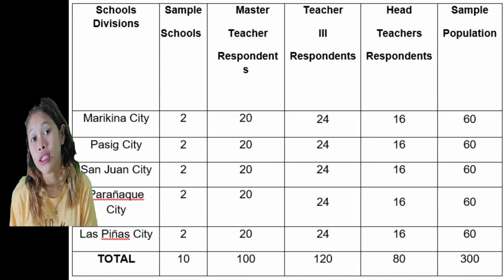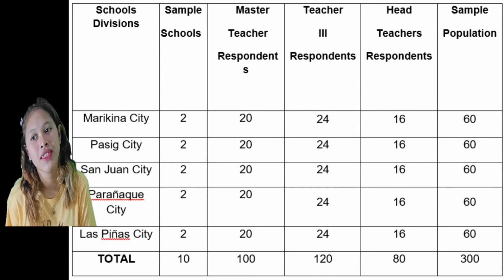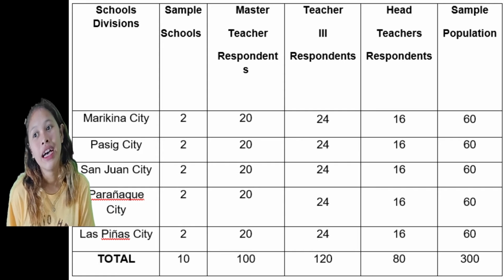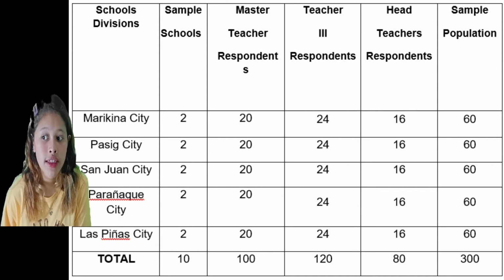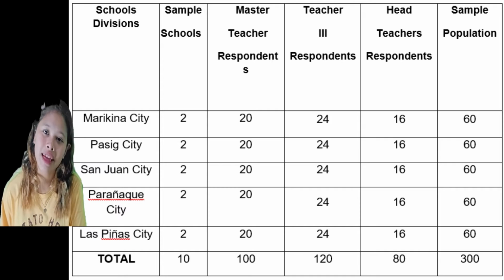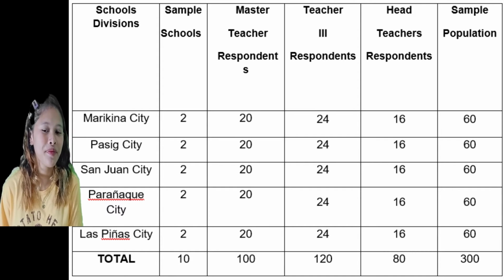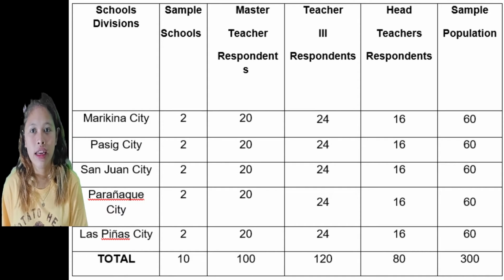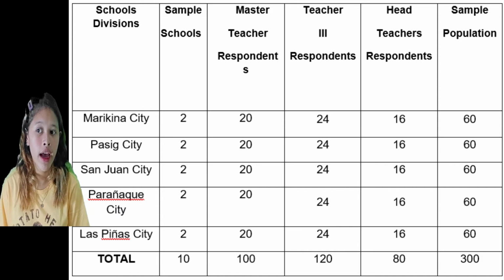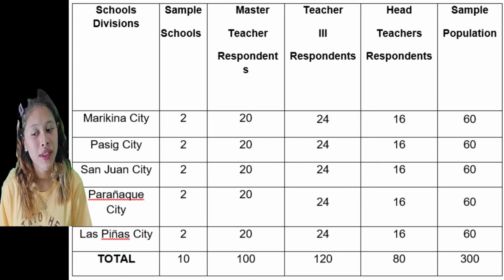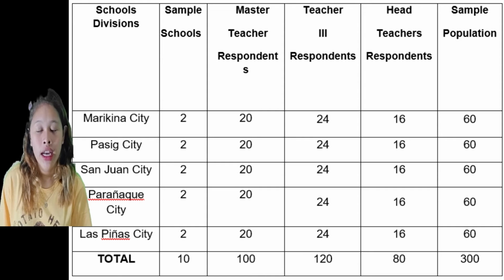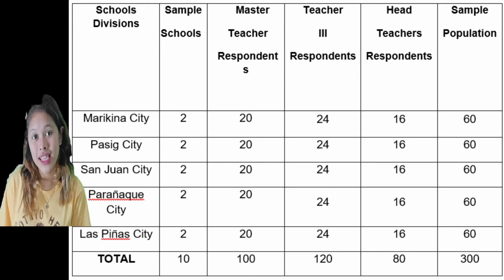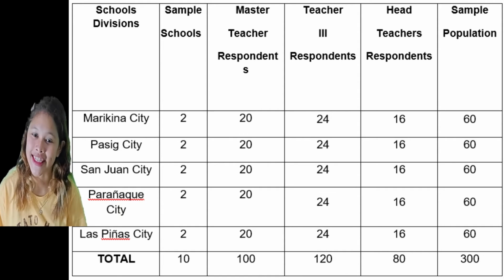The sample schools is 2, and the master teacher respondents is 20, and the Teacher 3 respondents is 24, and the head teacher respondents is 16, and the sample population is 60. Parañaque City, sample schools 2, master teacher respondents is 20, and Teacher 3 respondents is 24, and the head teacher respondents 16, and the sample population is 60.